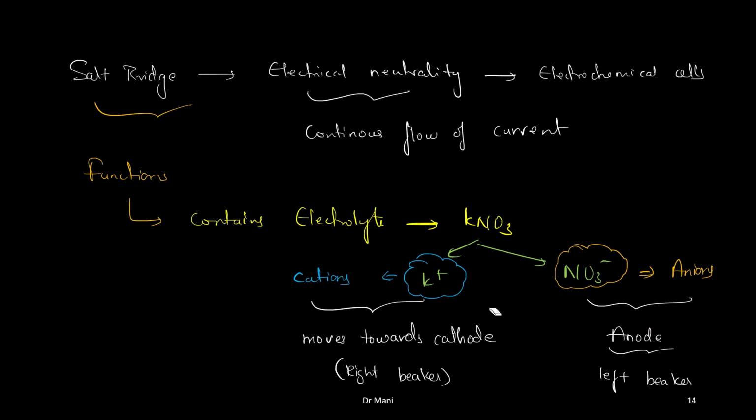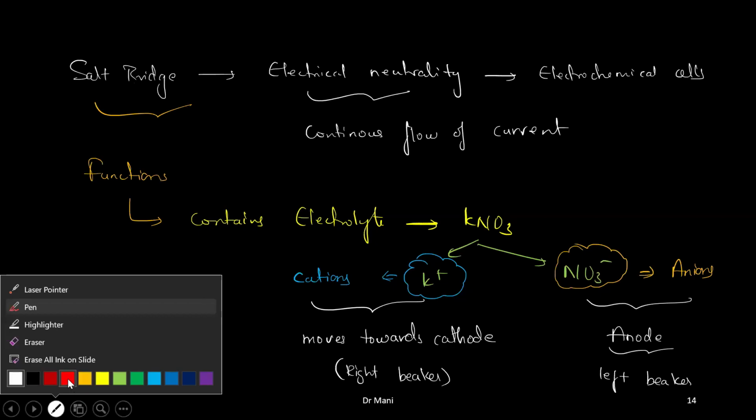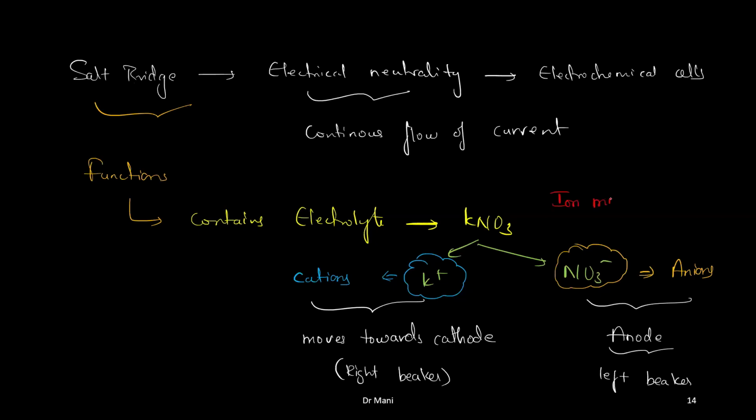Understood? What are the two essential purposes here? Formation of K plus and formation of NO3 minus. K plus is a cation, so it moves towards the cathode. NO3 minus is an anion, so it moves towards the anode. We call this ion migration, which is a very, very important function of the salt bridge. This movement helps to maintain the electrical neutrality in both cells. If there is no electrical neutrality, there is no sustainable current. The current is just produced for some time and then it will stop.